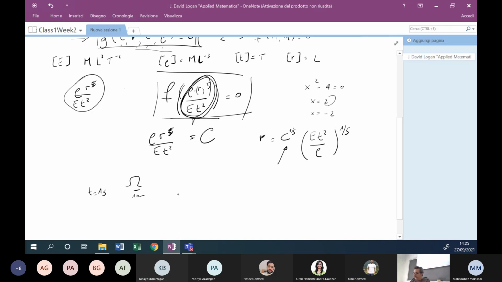Then at t equal to 2 seconds, I observe another picture of the shock wave with a radius which is now, say, 15 meters, and so forth.